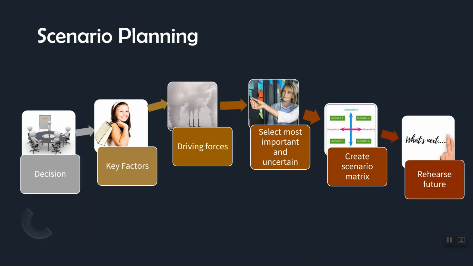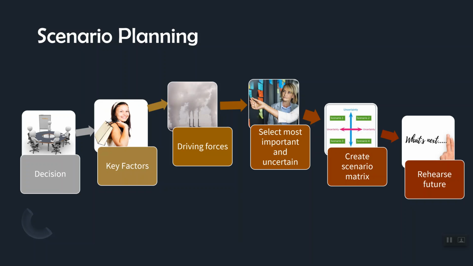These are the steps that you take in scenario planning. First, identify a decision that you need to make regarding the direction of your company, a new product line, an acquisition, or a new direction in sustainability. Second, list key factors influencing success or failure: facts about customers, suppliers, competitors.